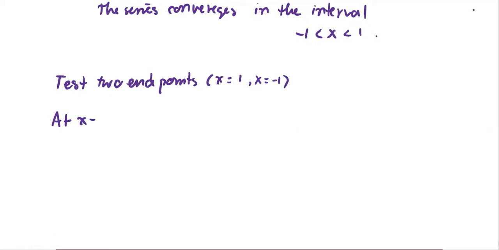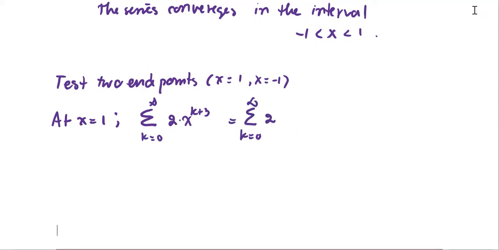So at x equals 1, the series, which is the summation of 2 multiplied by x to the power k plus 3, k from 0 to infinity, replace x with 1. Now it becomes the summation of 2 for k equals 0 to infinity.